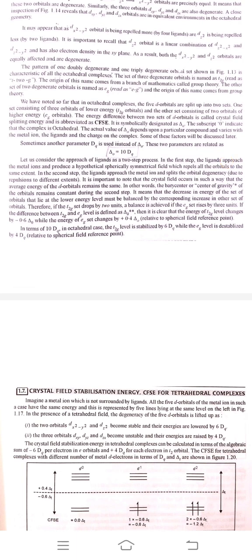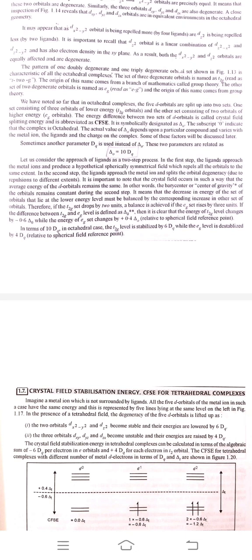It may appear that the dx square minus y square orbital is being repelled more or the dz square is being repelled less. It's important to recall that the dz square orbital is a linear combination of dz square minus x square and dz square minus y square and also has electron density in the xy plane. As a result, both the dx square minus y square and dz square orbitals are equally affected and are degenerate.